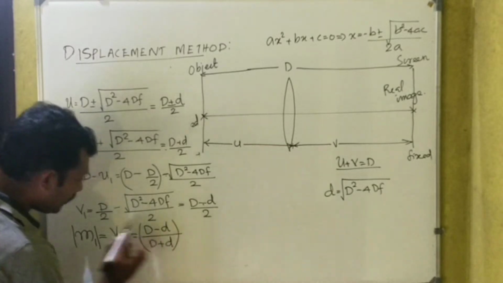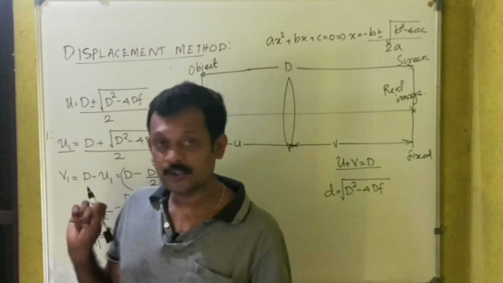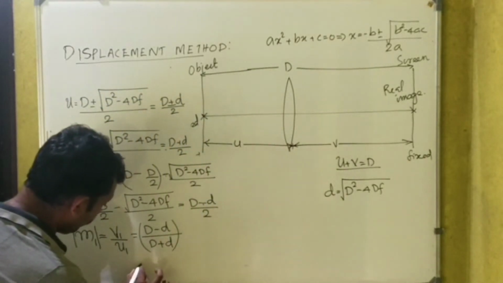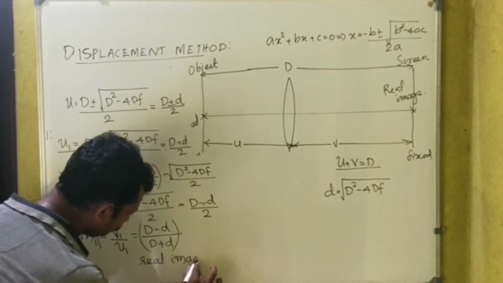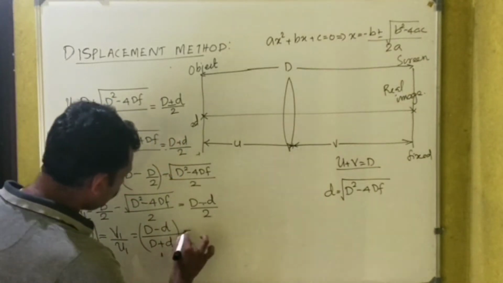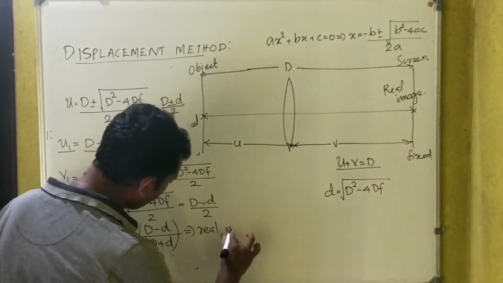So what kind of image are you going to get here? For this u1, you will get a real image. As already I told you, it's a real image. It's going to be a real, inverted, and diminished image.